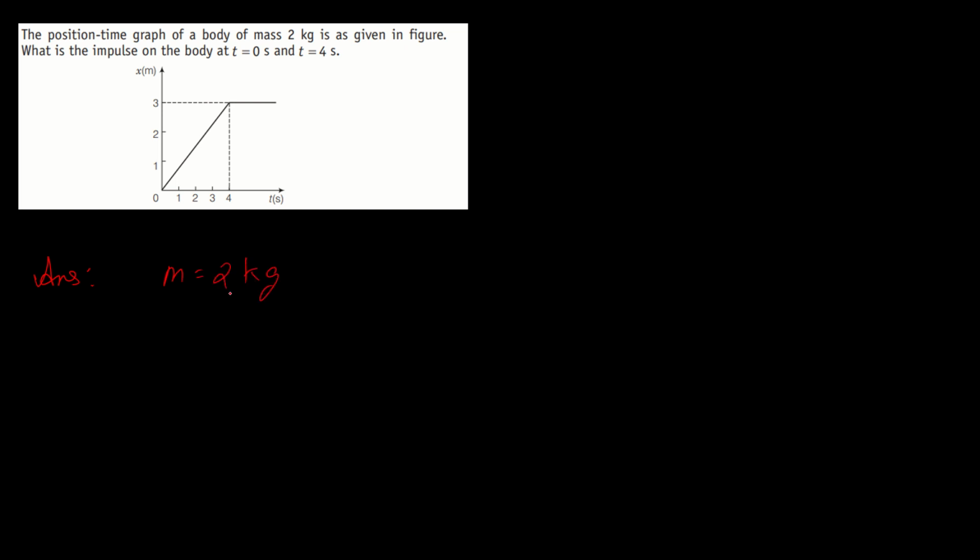Firstly, we can see from the position time graph that when x is equal to 0 and t is equal to 0, the body is at x is equal to 0 and t is equal to 0.